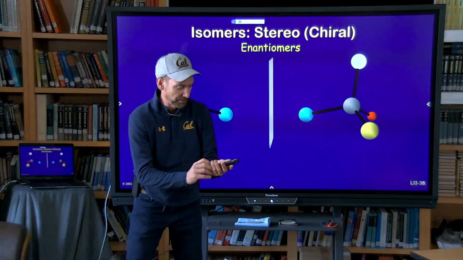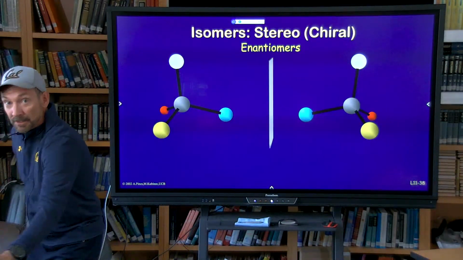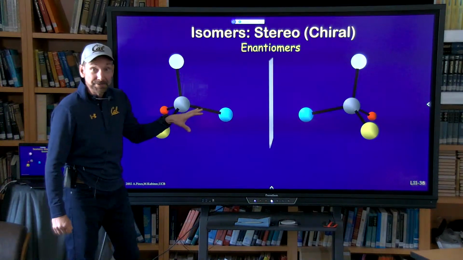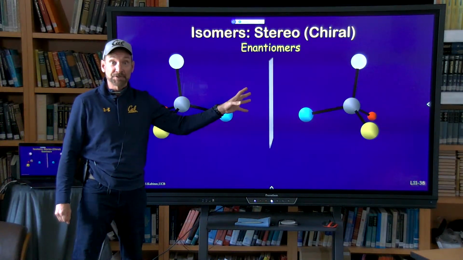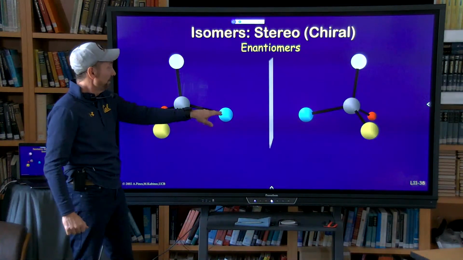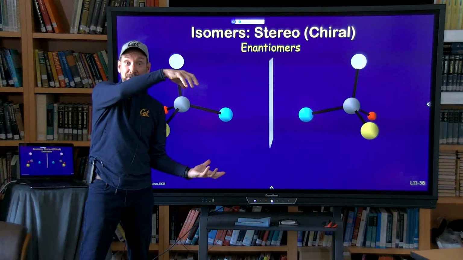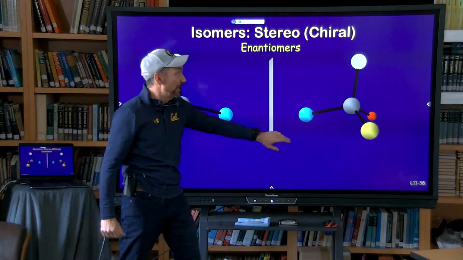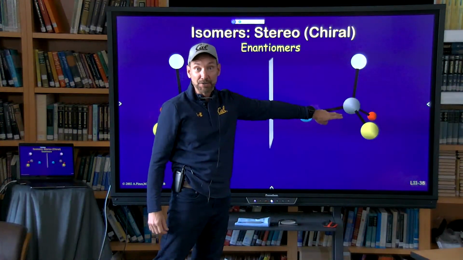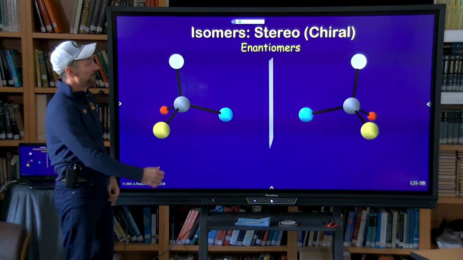I'll turn it off just to make sure. It matters where the positions of those guys are. If you have an enzyme that's coming in and it's expecting to see the blue one here and the yellow one there, it has to be exactly there, or you can't catalyze the reaction. So you can't have the other stereoisomer, even though they're identical in every other way.